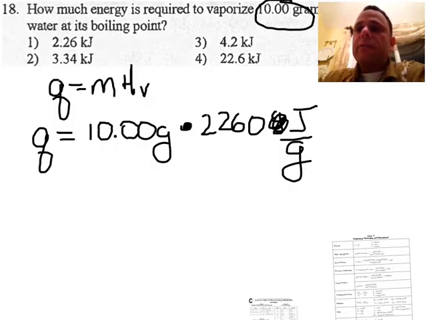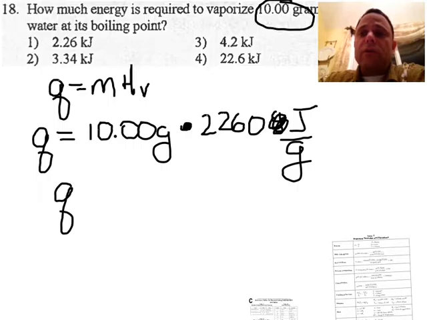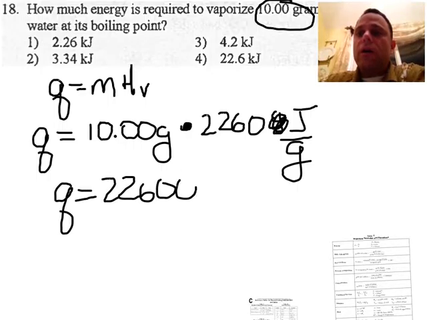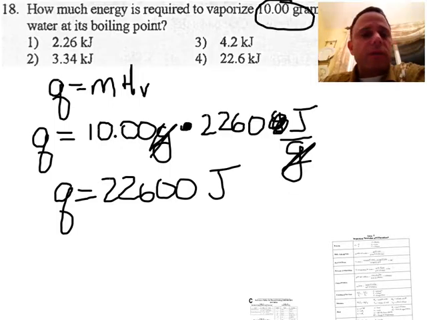Multiply these together. Multiplying by 10 always adds an extra 0. Q is equal to 22600. What happens to the units? Grams are divided by grams. Our final unit is joules. Let's inspect the choices. Uh-oh, problem.